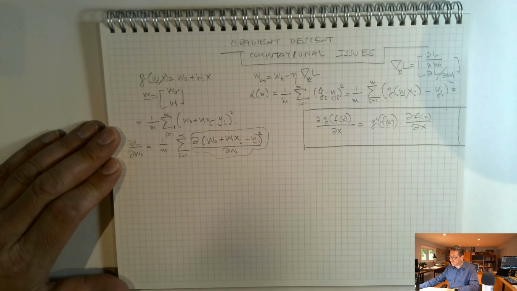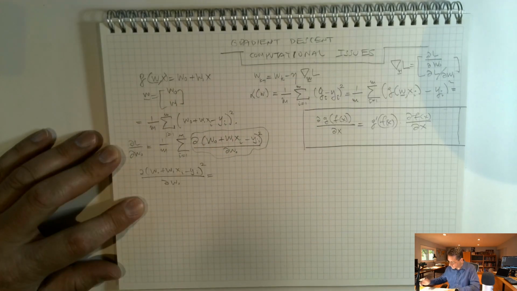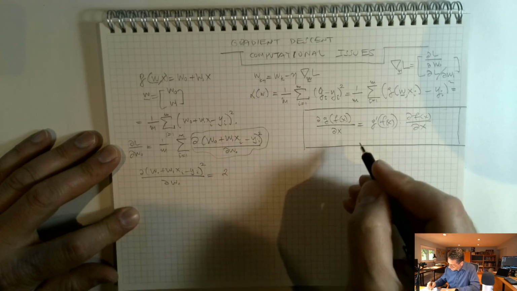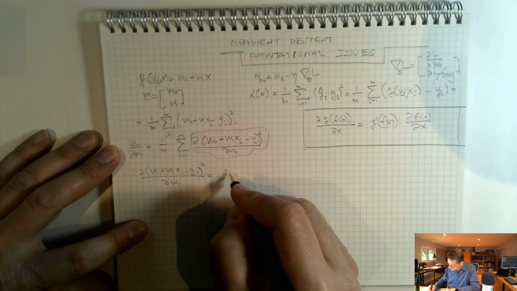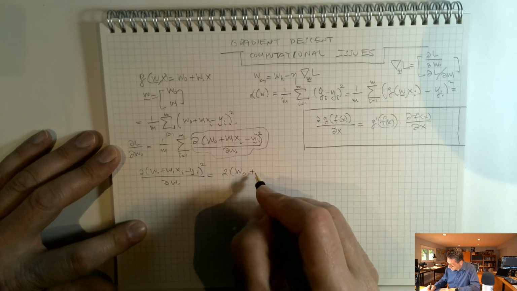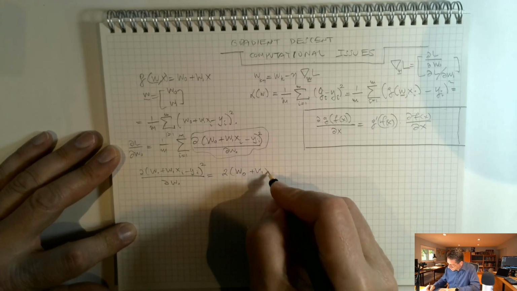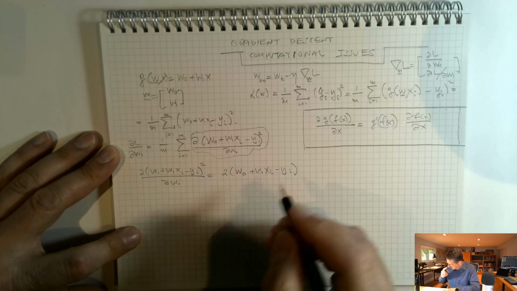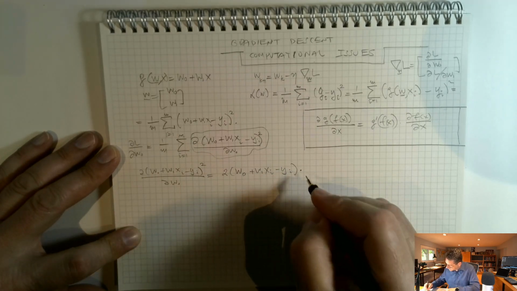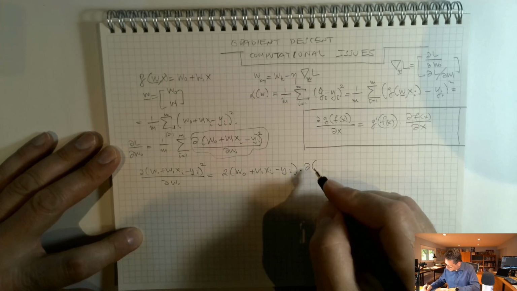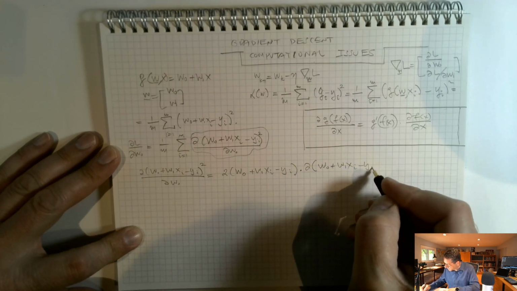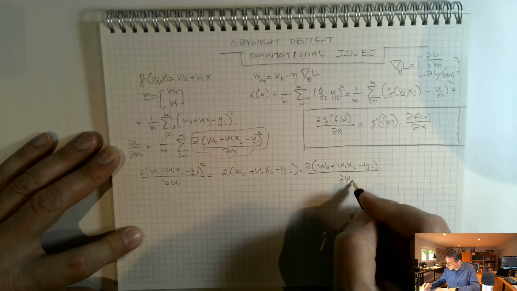So we'll apply the formula and see what we get. What we get is 2 times w0 plus w1 x i minus y i, times the partial derivative of w0 plus w1 x i minus y i with respect to w0.